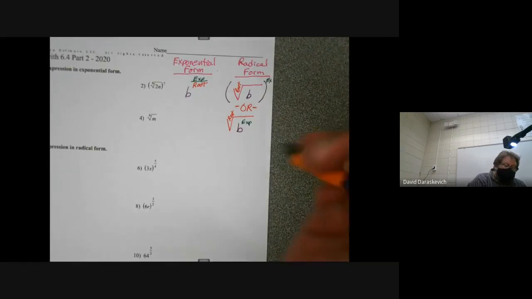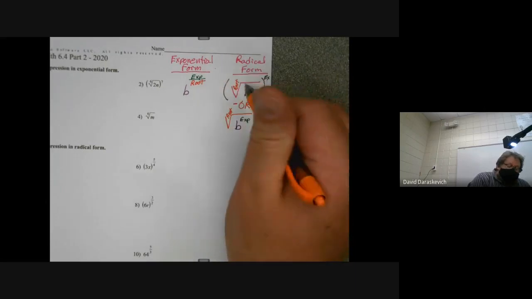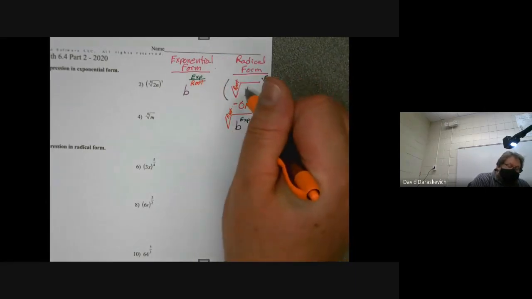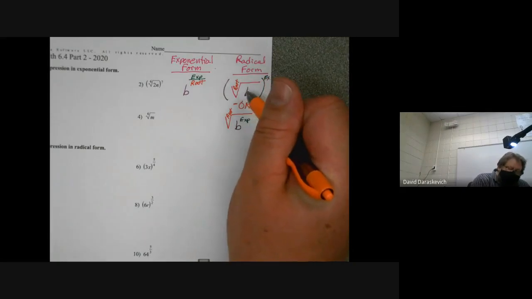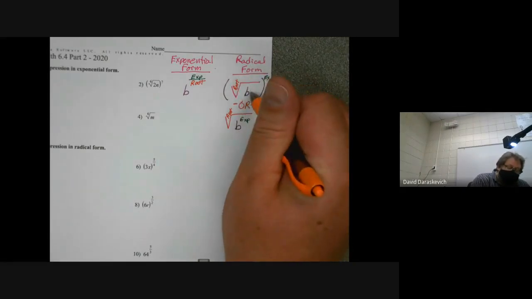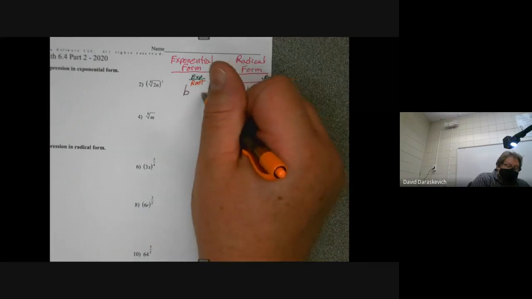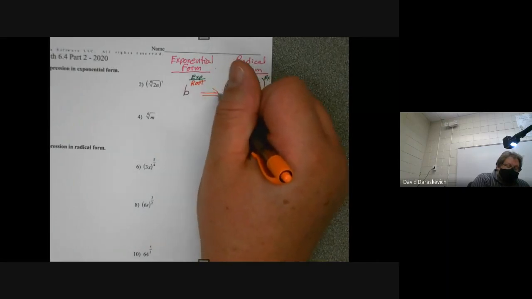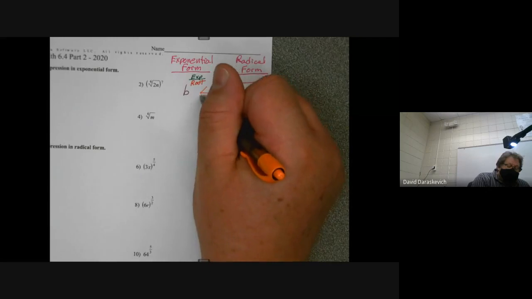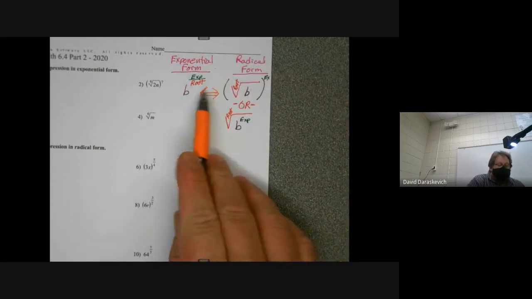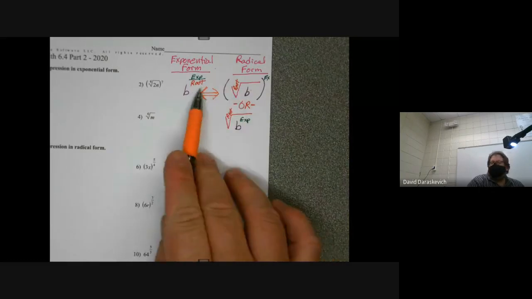Okay. Now, what happens here is our human brains are more adaptable to radical form. In other words, our brains like to solve it in radical form. Whereas it's easier to put in your calculators in exponential form. So you really have to know how to go back and forth between these two.